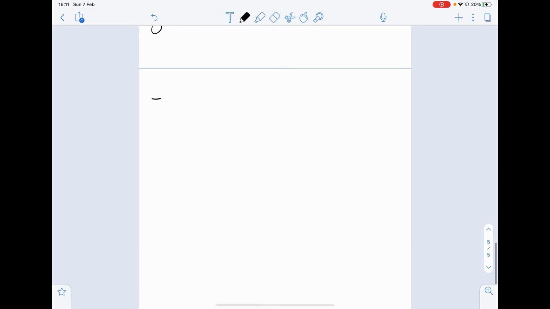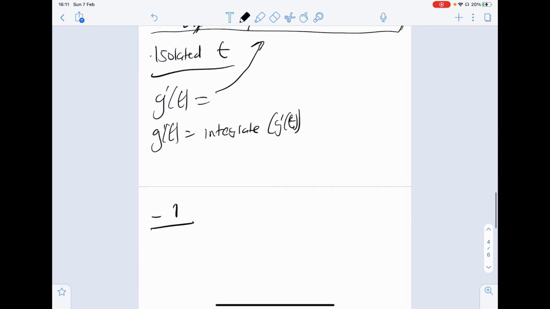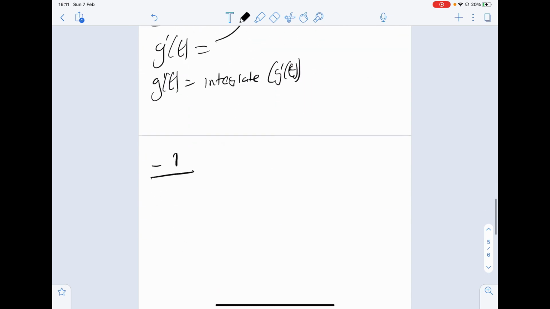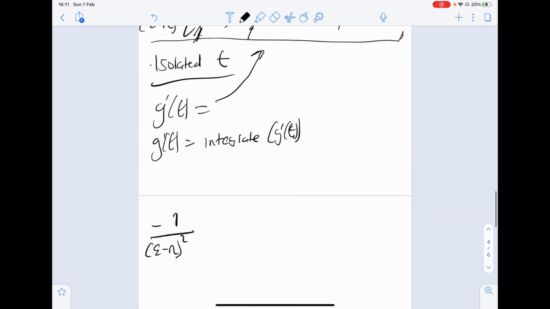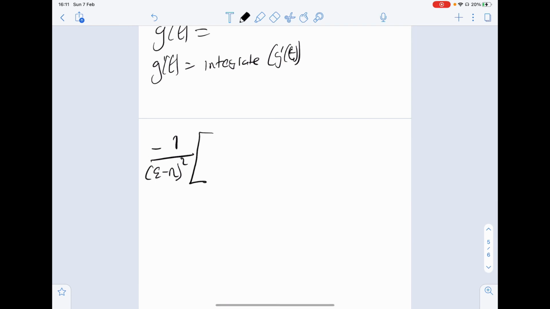So taking the integral, we're going to keep the constants outside because they don't depend on t. We'll keep things that don't depend on t outside. We've got 1 over (epsilon minus eta) squared, and this is just going to be what we have from before. So the integral of (t plus eta) to the minus 2 dt plus the integral of (t plus epsilon) to the minus 2 dt.